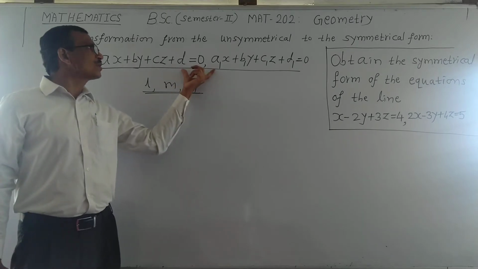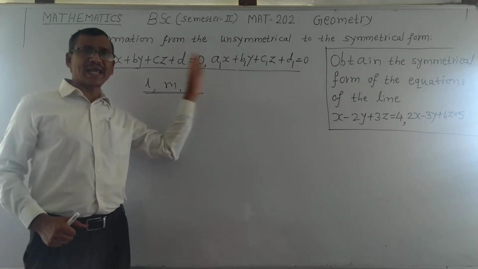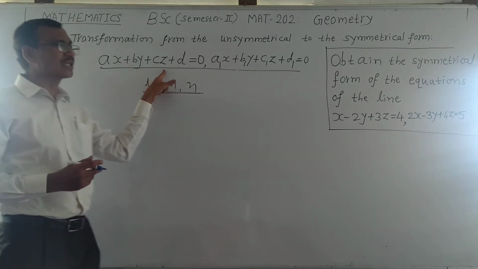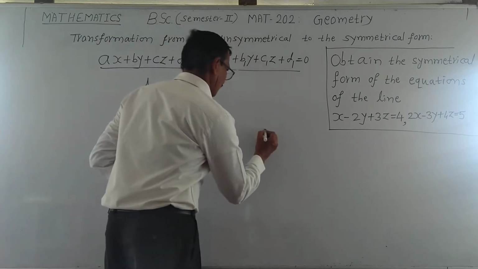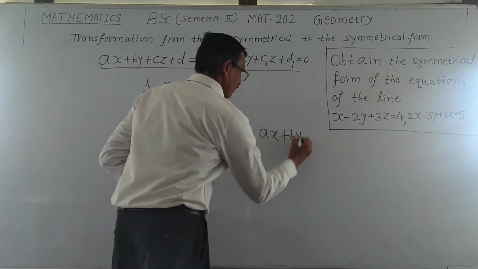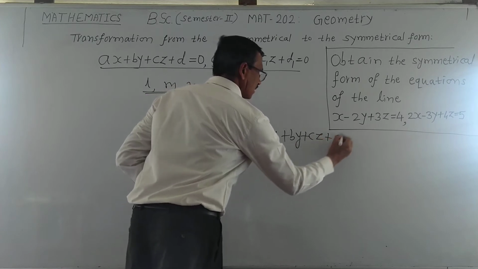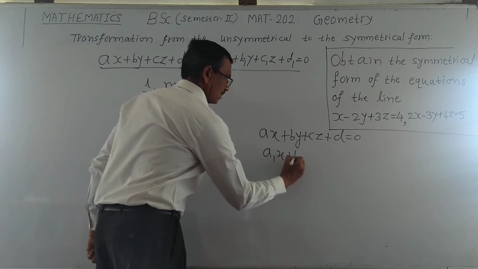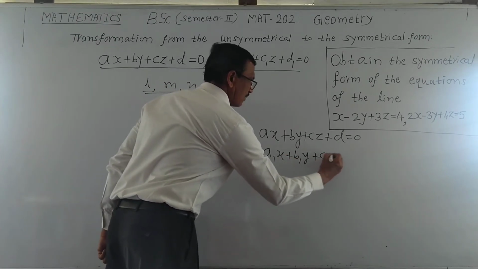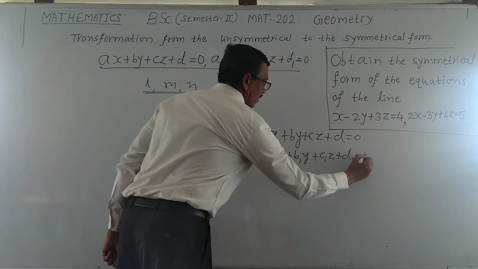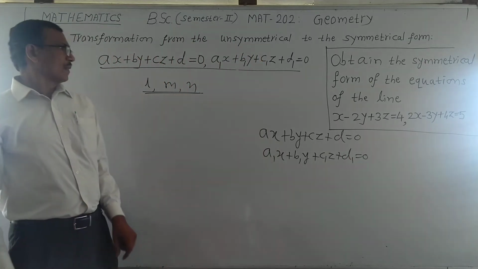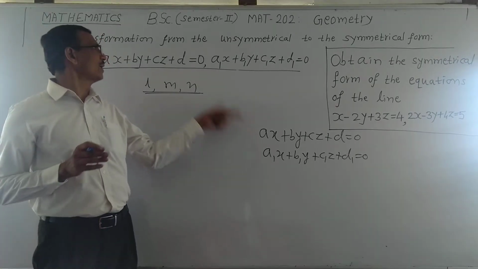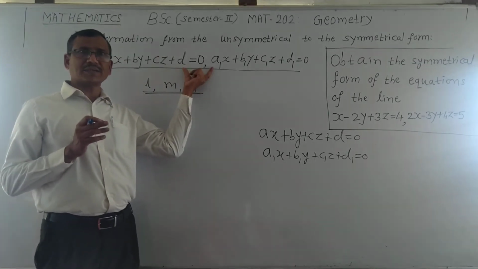This line is formed by the intersection of two planes taken separately: the first plane ax + by + cz + d = 0, and the other plane a1x + b1y + c1z + d1 = 0. The intersection of these two planes is a line, which is represented by this equation.